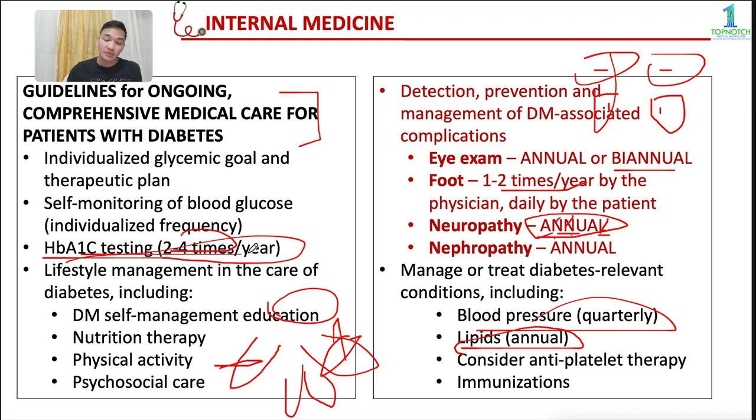Ilan ba ang limbs mo? 4, di ba? Kasi 4 times a year tinetest ang A1C. So, pilit na pilit, no? Ang A1C is kinukuha sa arm, which is a limb, and ang blood pressure cuff is nilalagay sa arm din, which is a limb, and you have 4 limbs. Kasi 4 times a year tinetest ang A1C, and 4 times a year din, or quarterly, siniscreen ang blood pressure sa patients na may diabetes.